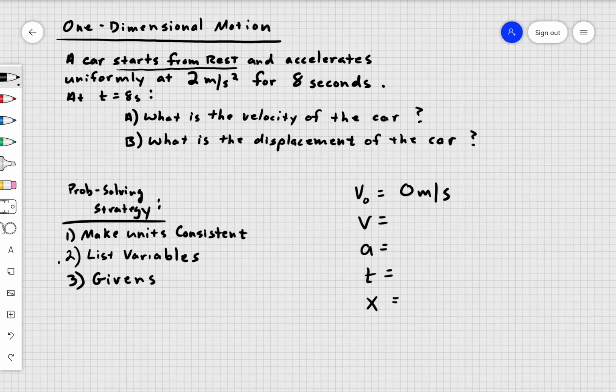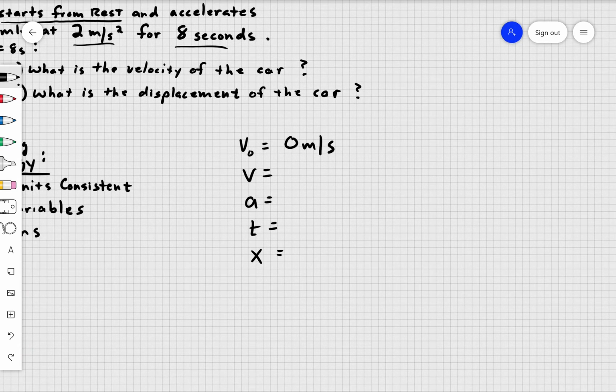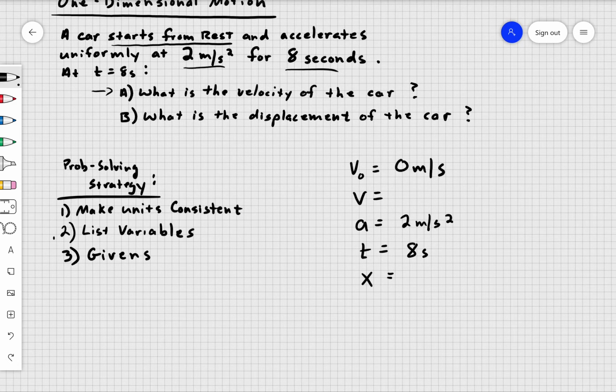We don't know the final velocity. In fact, that is something that we're asked to solve for. But we do see that its acceleration was 2 meters per second squared and the elapsed time is 8 seconds. And we don't know the displacement.